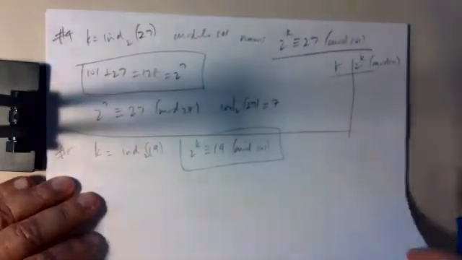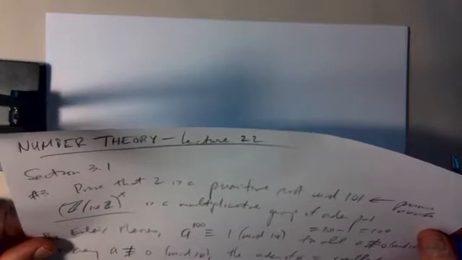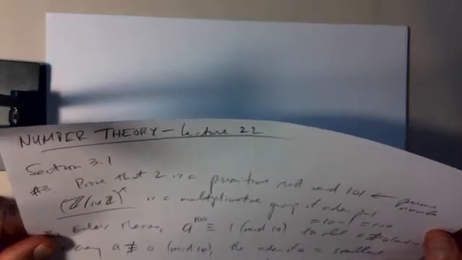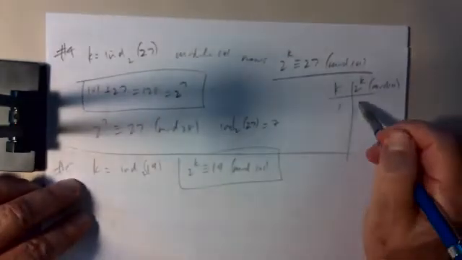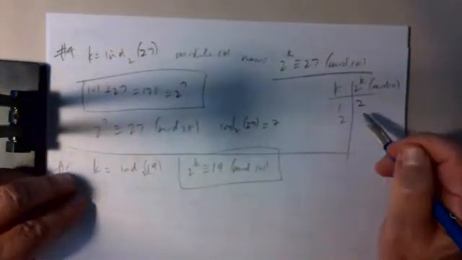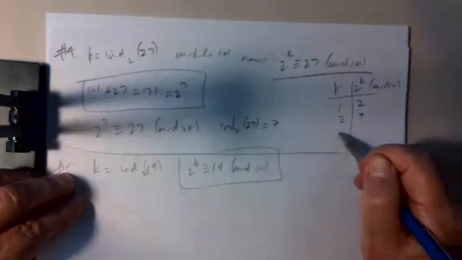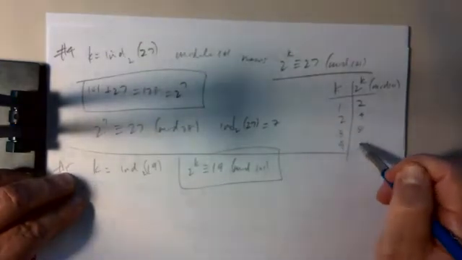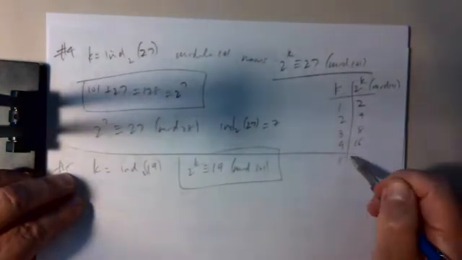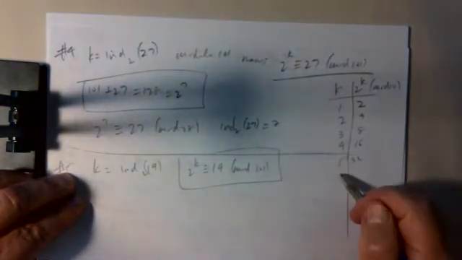So let's see. From the previous problem, I had calculated some powers of 2. When k is 1, 2 to the k is 2. When k is 2, it's 4. For 3, it's 8. For 4, it's 16. For 5, it's 32.